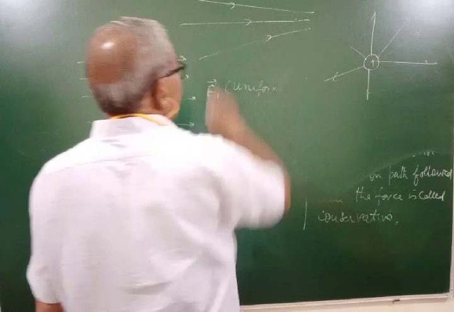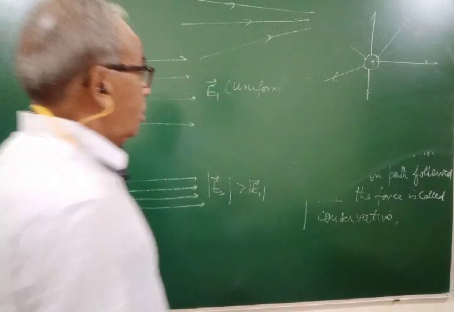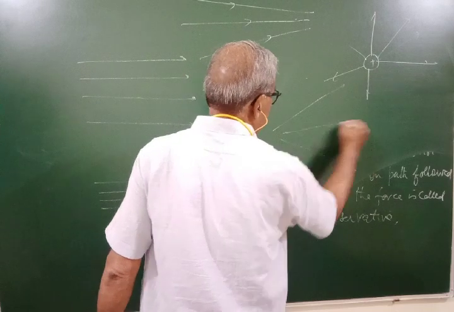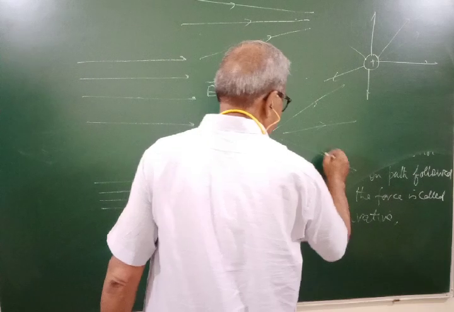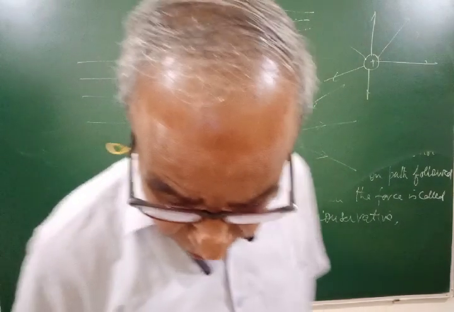Or we can say the field is increasing in the direction of the electric field. If it is like this, then the field is decreasing as you move, but the arrow must be there. So these are the uses of electric field lines.